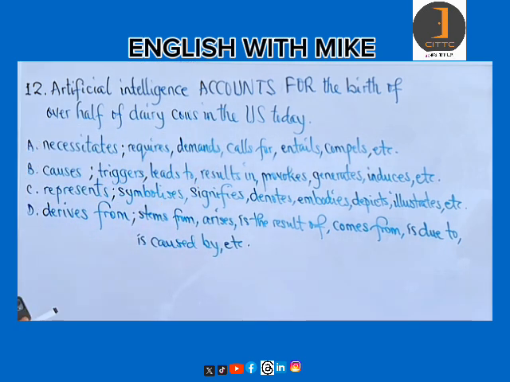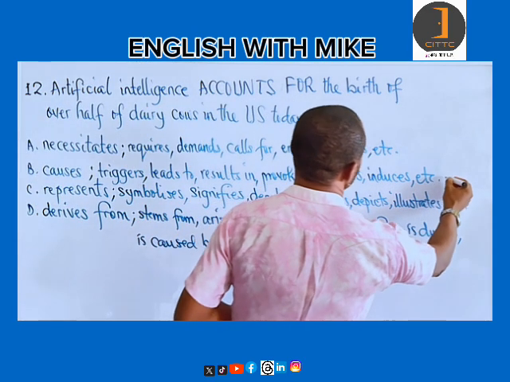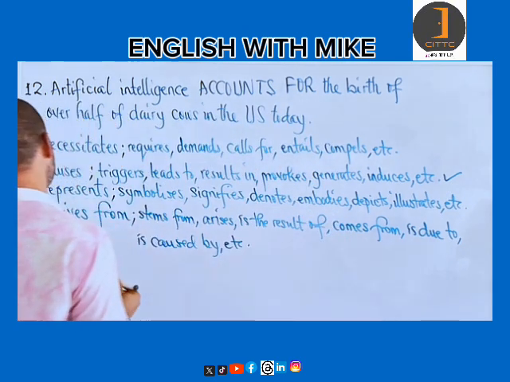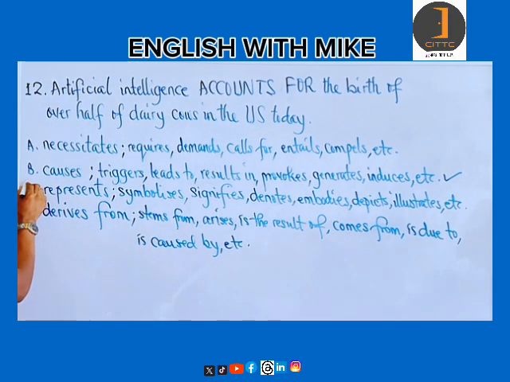Okay, so from these vocabulary groups, choose the one that is nearest in meaning to accounts for. I'll go this way, which is option B. Artificial intelligence causes the birth of over half of dairy cows in the US today.